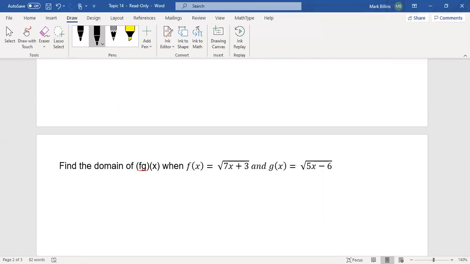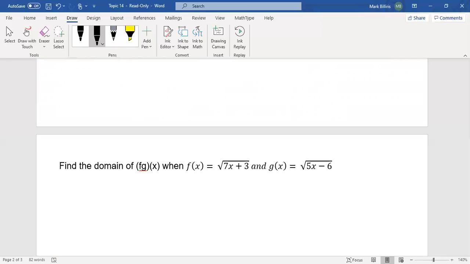So we're finding the domain of f times g of x when f of x equals the square root of 7x plus 3 and g of x equals the square root of 5x minus 6. When we're multiplying, we can look at the restrictions for each one of these separately to begin with.